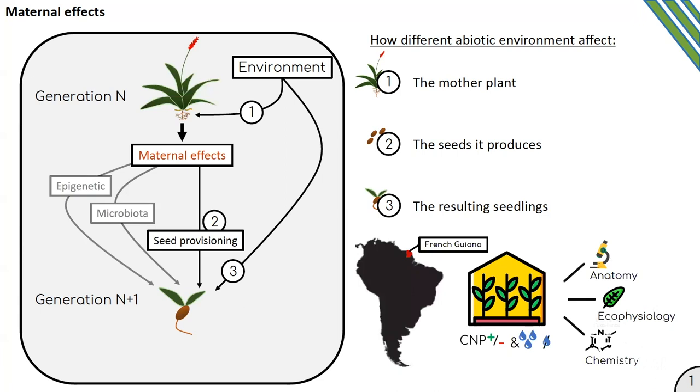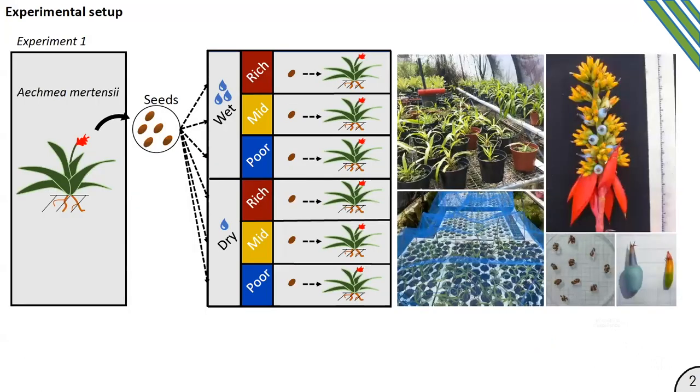To do so, we set up an experiment in French Guiana, in greenhouses. Basically, we took seeds from one mother plant to limit the genetic variation, and we sowed them in different treatments. Six treatments in total: two water levels, one wet and one dry condition, and additionally three different substrates.